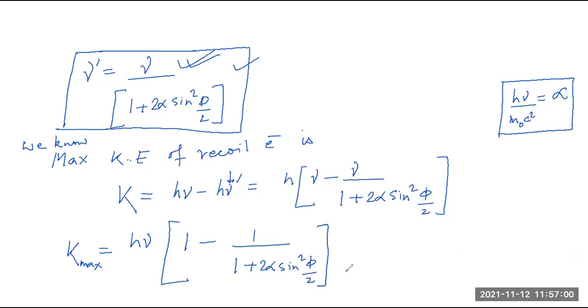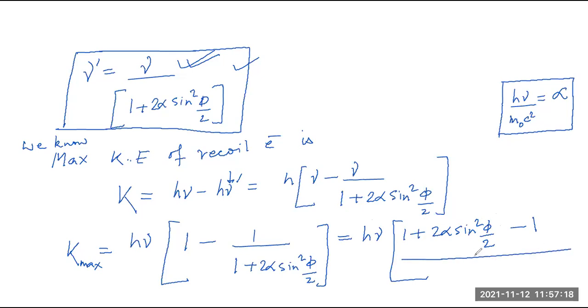Is it okay? And that gives me h nu in brackets, 1 plus 2 alpha sine square phi by 2 minus 1, over 1 plus 2 alpha sine square phi by 2. Is it okay, everybody? So the 1 gets cancelled out.